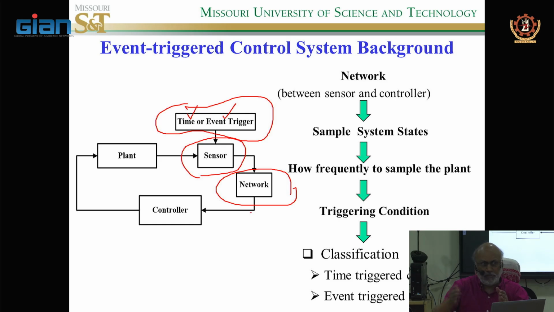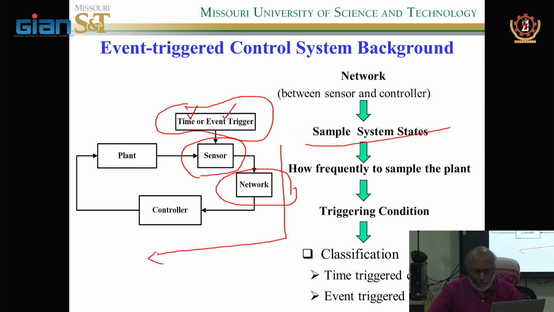Time-based is every 5 seconds, periodically. Event-based means you look at some performance. In this case, you're looking at whether the system is going to become unstable. Then the one that's going to become unstable first will get the priority to transmit the data. So you sample the system states, then the decision is how frequently to sample the plant and how frequently you transmit.